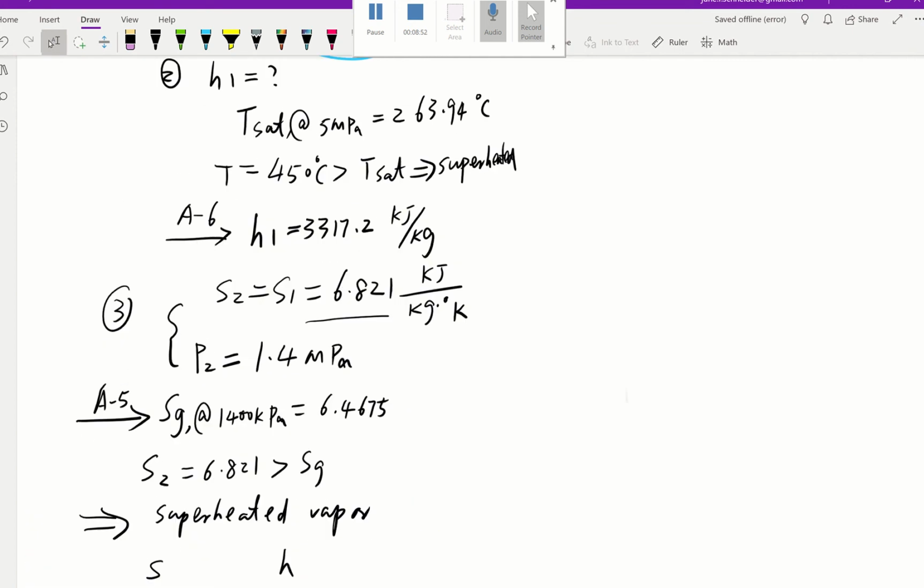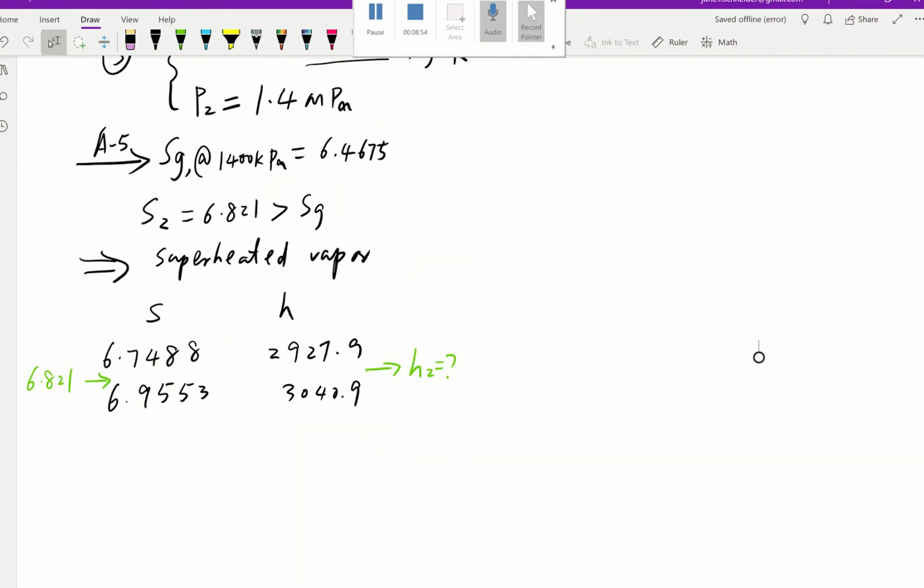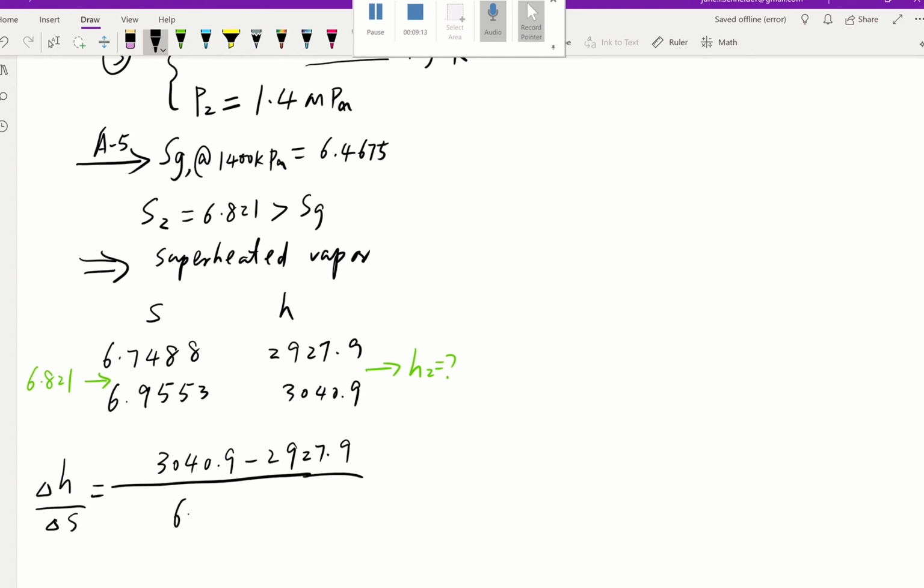So we're going to use linear interpolation to figure this out. We use delta H over delta S. Delta H is 3040.9 minus 2927.9, and delta S is 6.9553 minus 6.7488.